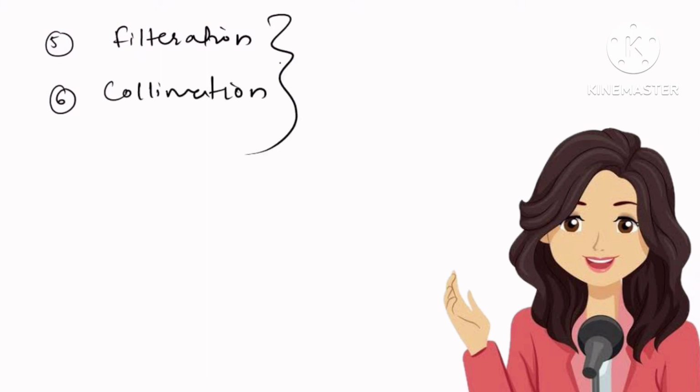We are going to discuss these two in detail when we study X-ray films and accessories. At that time I'll tell you what element is used in filtration, what the shape of collimation should be, and how collimation and filtration work.